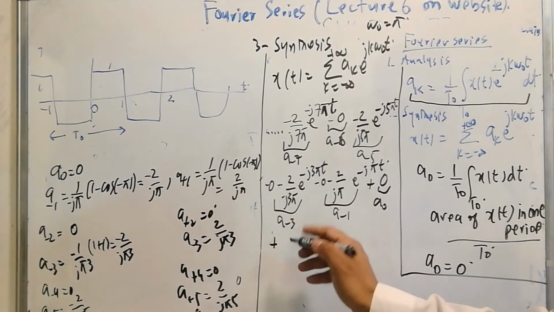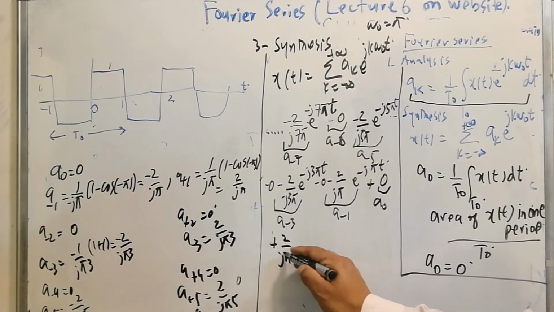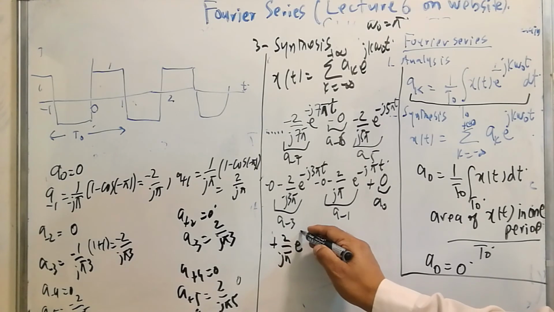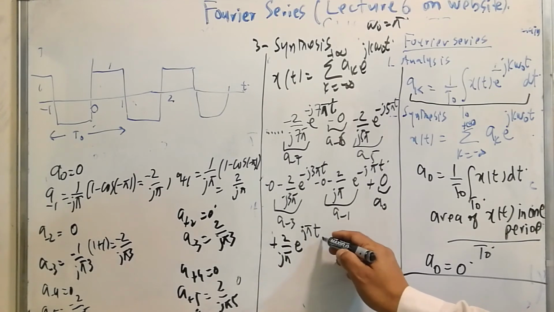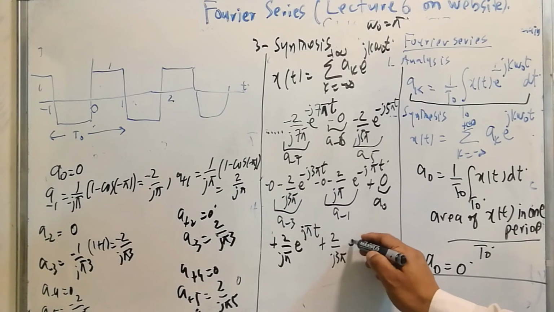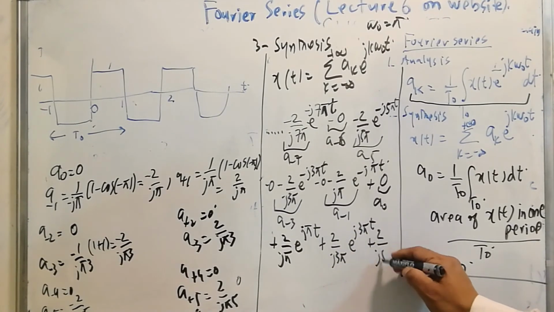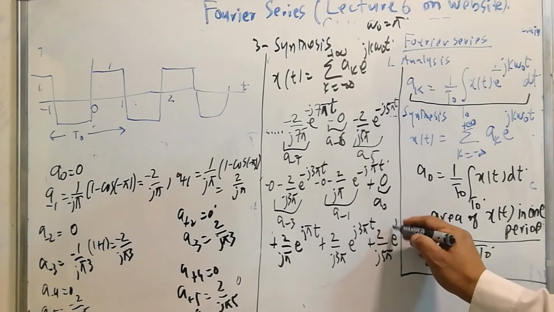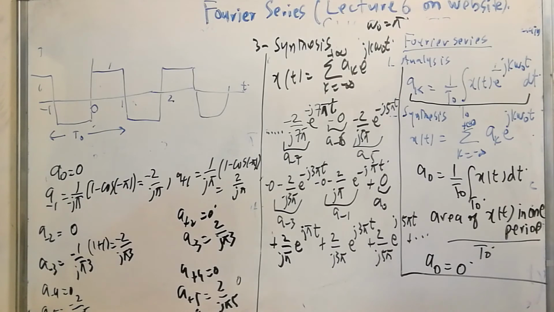and then I go to the positive values. So I start from here, 2 over j pi e raised to power j omega naught, which is pi t, plus 2 over j 3 pi e raised to power j 3 pi t, plus 2 over j 5 pi e raised to power j 5 pi t, and so on.